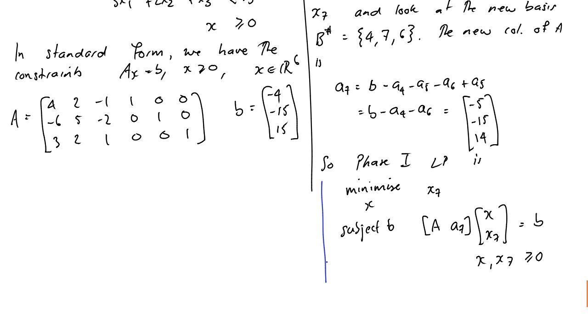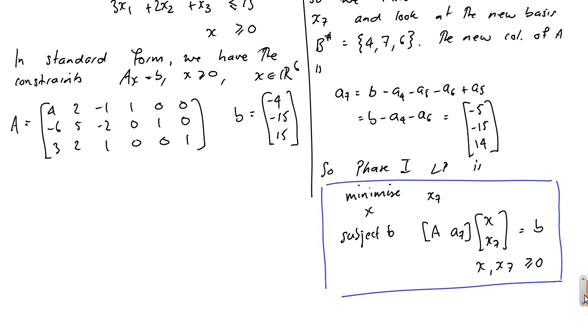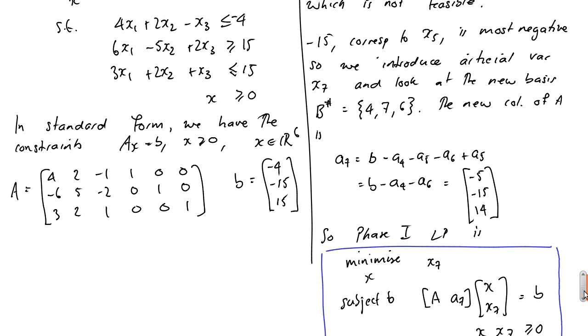If we solve this LP and our optimum is 0, so x7 is not in the basis and is equal to 0, then we'll have an initial basis that we can use to solve our original linear program in standard form.